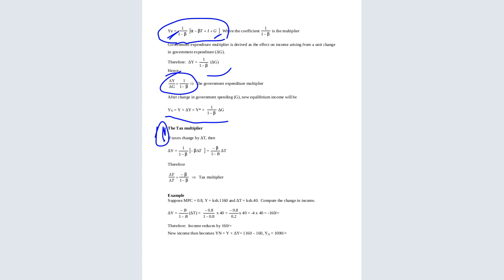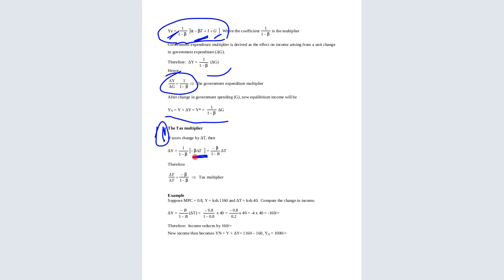So if we assume that the tax is changing, then this is what we'll have. That component where we have tax, go back to the beta t. We have beta t here. So we change that t to the change in t.